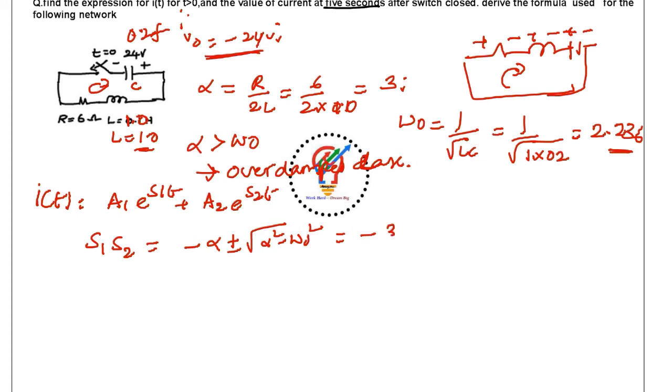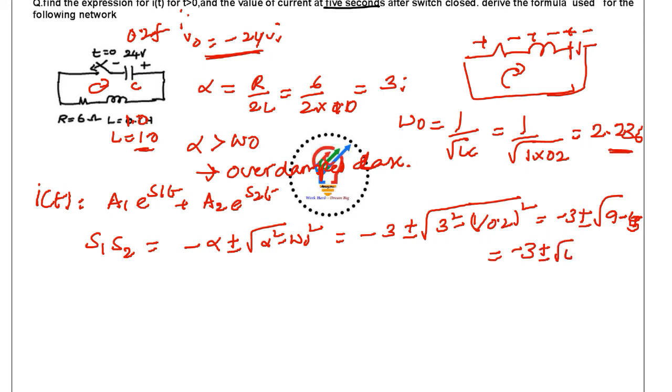So minus 3 plus or minus square root of 3 square minus omega naught square, where omega naught is 1 by square root of 0.2, so the whole square is 5. This gives minus 3 plus or minus square root of 9 minus 5, so minus 3 plus or minus square root of 4. The roots you get are minus 1 and minus 5.